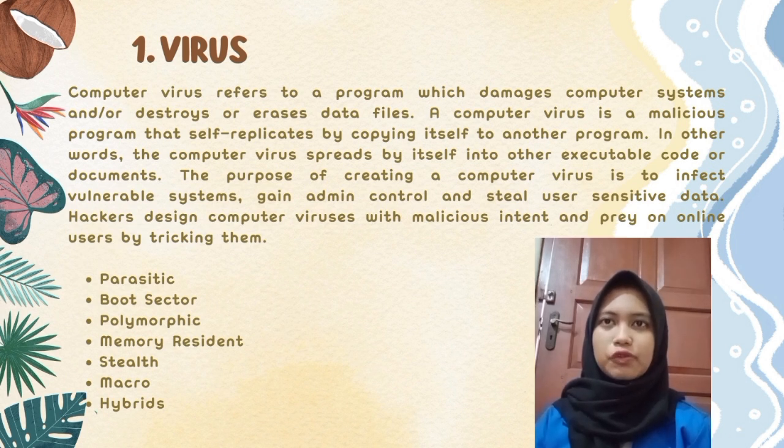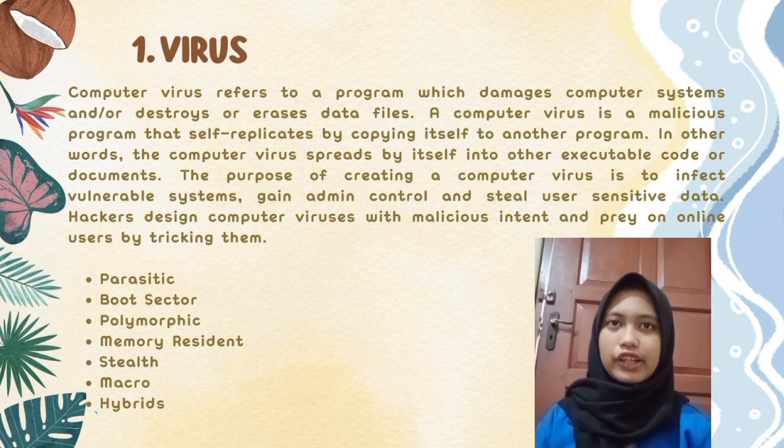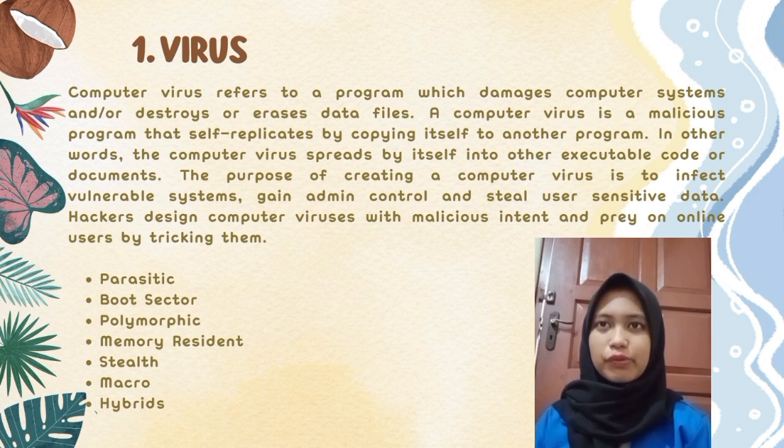The purpose of creating a computer virus is to infect vulnerable systems, gain admin control, and steal user-sensitive data. Hackers design computer viruses with malicious intent and prey on online users by tricking them. The types of virus are parasitic, boot sector, polymorphic, memory resident, stealth, macro, and hybrids.